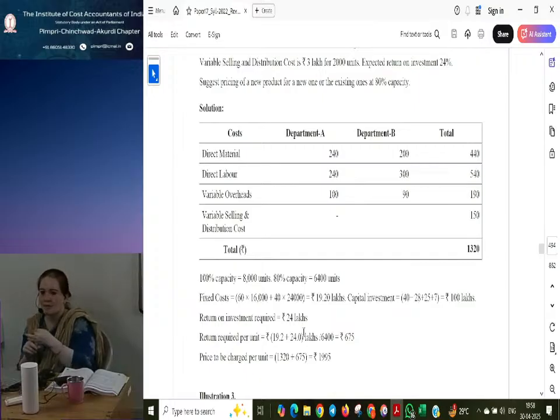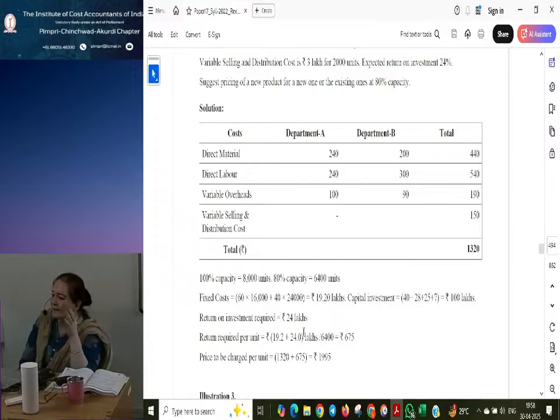Apart from that, the variable cost per unit, comprising direct material, direct labor, variable overhead, and variable selling and distribution cost, is 1,320. So 1,320 plus 675 is 1,995, which is the price that needs to be charged.